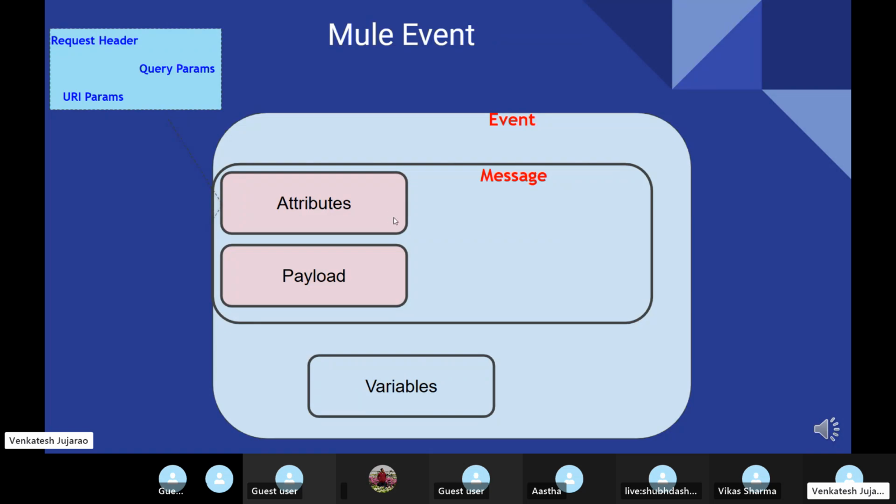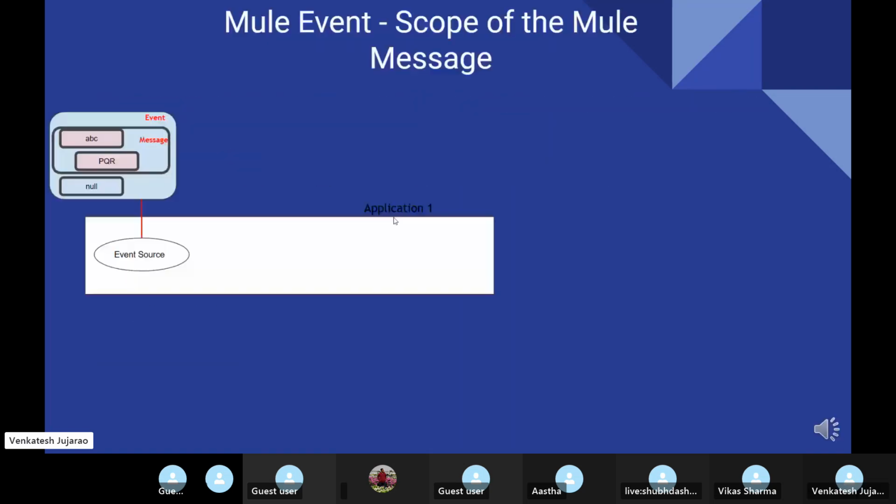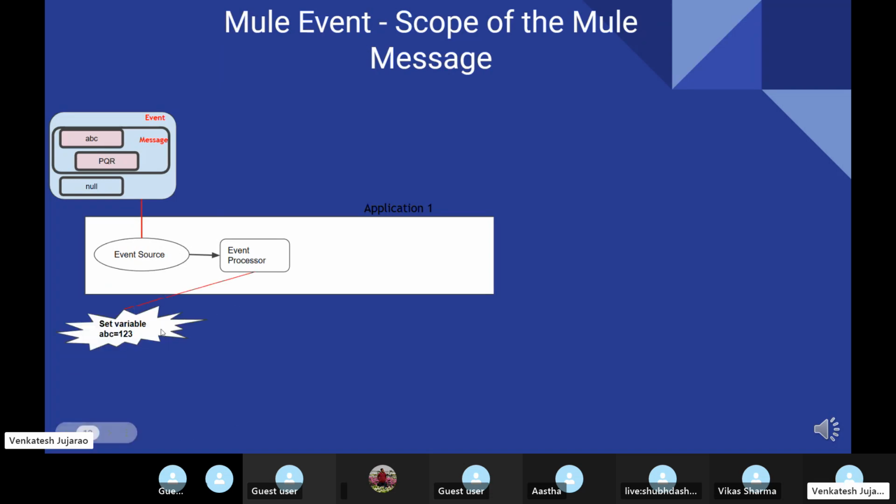We have the request header as ABC, the payload as PQR, and the variable is null. As soon as the request comes in on the event source, we are seeing these details. Now in the event processor, we have set up the variable as ABC.